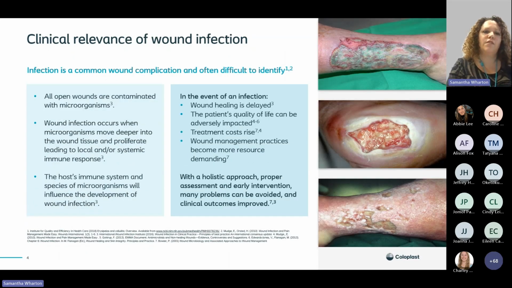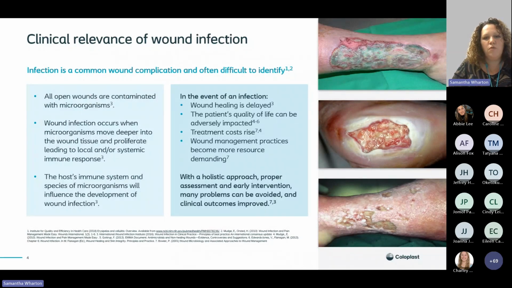So, the clinical relevance of wound infection. Infection is a common wound complication, but it is often difficult to identify. We know that our bodies have natural microorganisms sitting in them, and once the skin has a break in it, those microorganisms infiltrate into that wound.